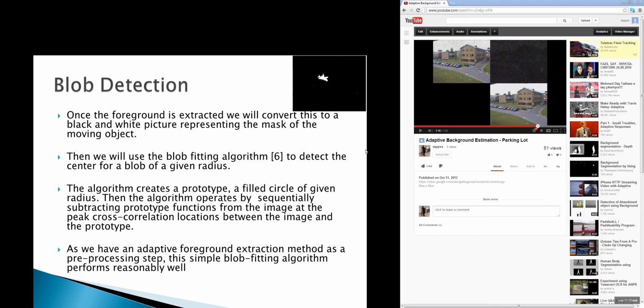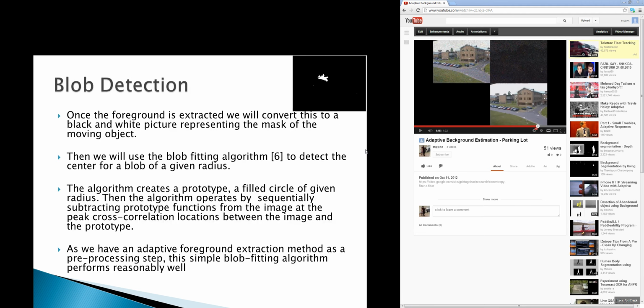As we have an adaptive foreground extraction method as the pre-processing step, this simple blob fitting algorithm performs reasonably well, because people usually do difference from frame to frame, which will give them the edges of the object, most of the time in one direction, and this will be much more noisy data. We will have much better and fully connected bodies as we use the background estimation, and even this simple blob detection algorithm, as I said, will perform reasonably well.